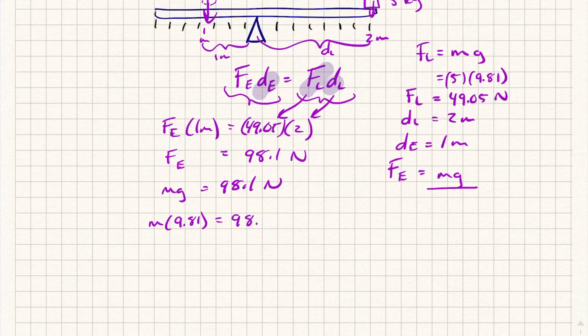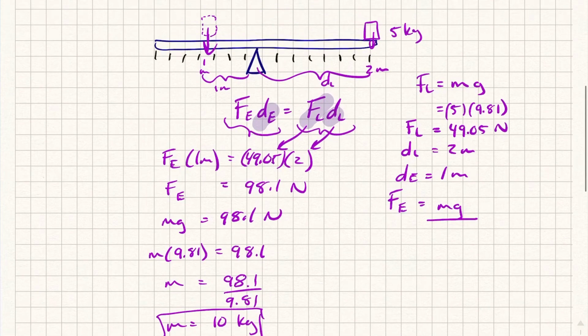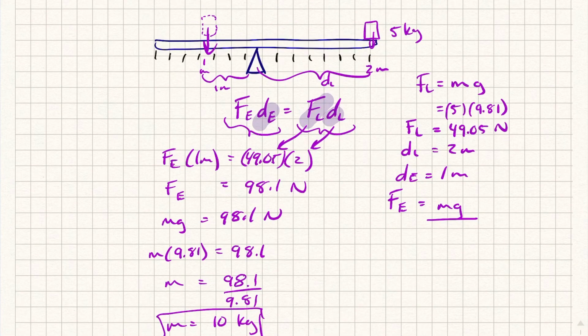It does achieve a negative direction in some scenarios, but on this one, we're going to rearrange and isolate for m. I rescued my decimal point there. And the mass that we need to place 1 meter away to balance this lever is 10 kilograms.